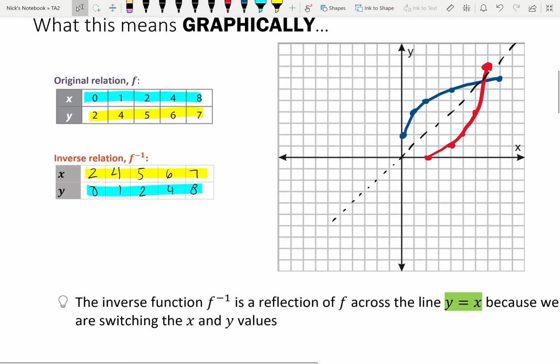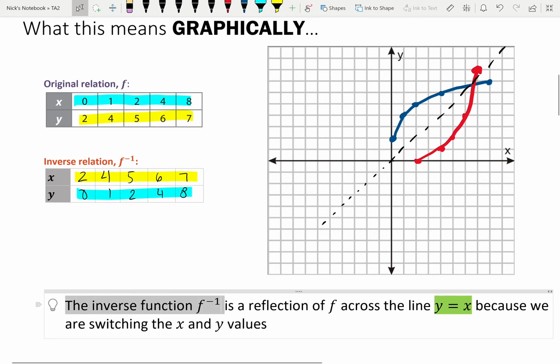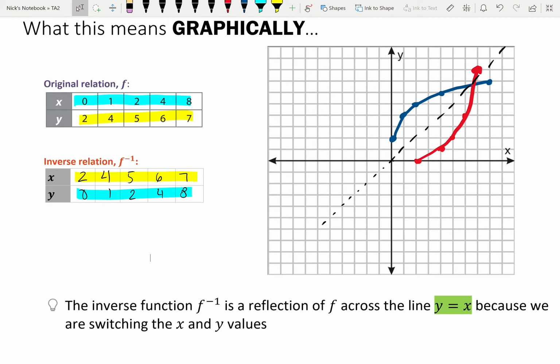So if we look at this as a definition, the inverse function f negative 1, that's just the inverse of f, is a reflection of f across the line y equals x. Okay, so that is what we do when we graph it. You just take the line y equals x and you switch the ordered pairs. So that reflects over the line y equals x. So that's what it means graphically.